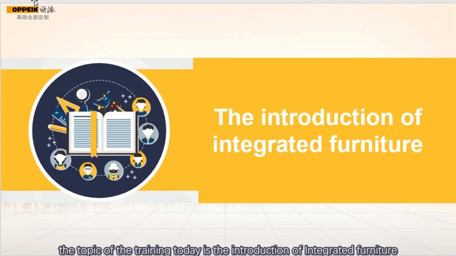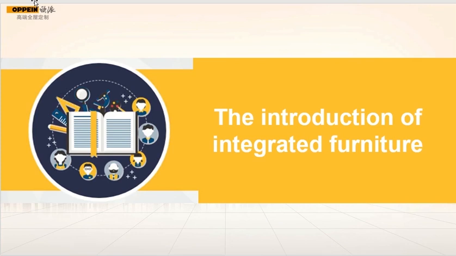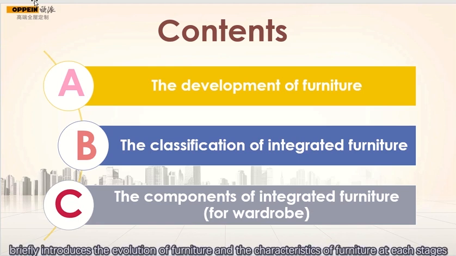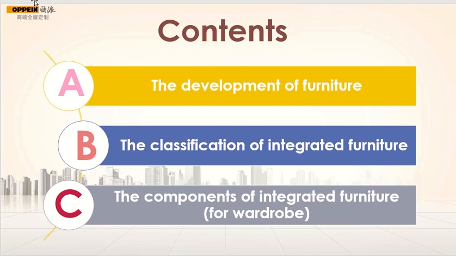The topic of this training today is the introduction of integrated furniture, and it includes three sections. Section 1, the development of furniture, briefly introduces the evolution of furniture and the characteristics of furniture at each stage.